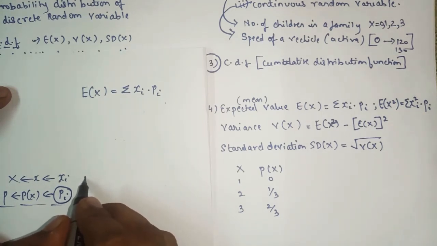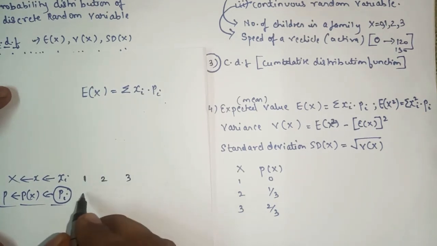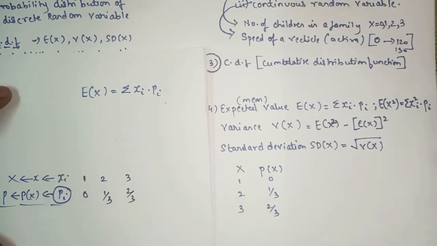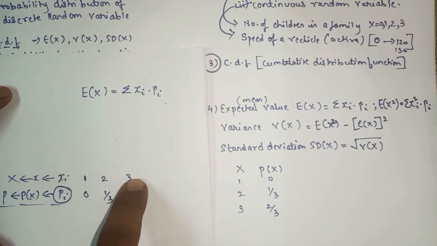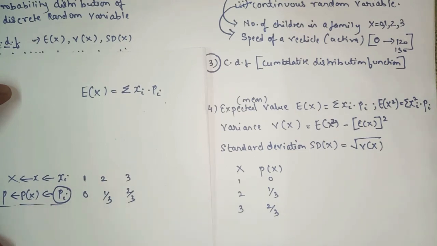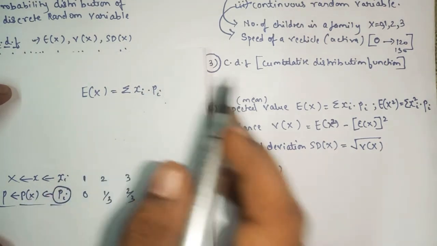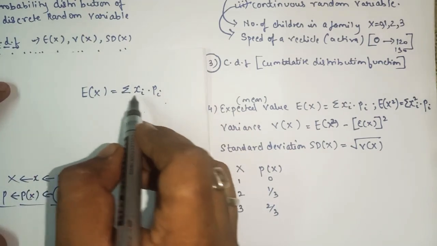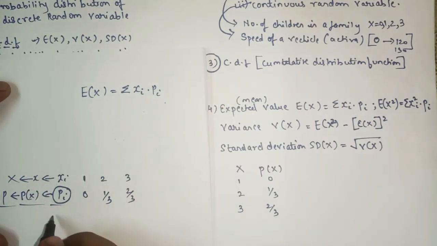Like suppose here we have xi as 1, 2, 3 and here we have pi as 0, 1 upon 3 and 2 by 3. Okay, so the first row will be xi and the second row will be pi. Now according to the formula, it is a total of xi and pi. So you will have xi, pi.